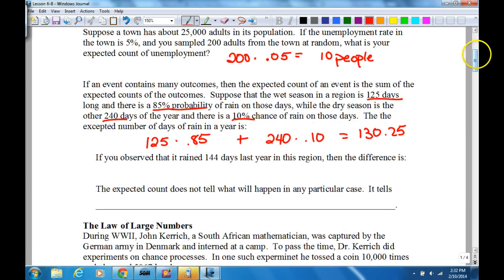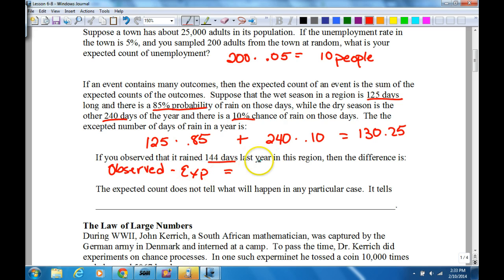All right. If you observed that it rained 144 days last year in this region, then the difference is the difference between the actual rain days and the expected: observed minus expected.